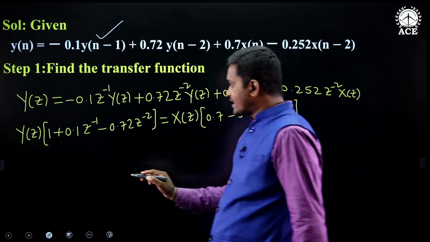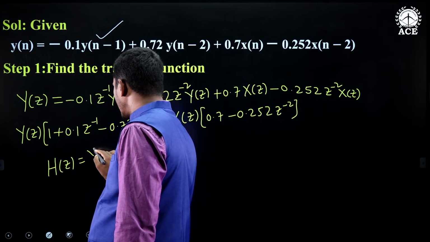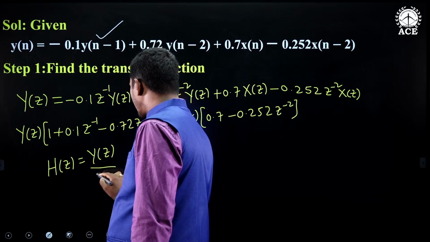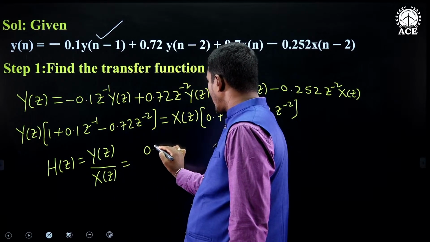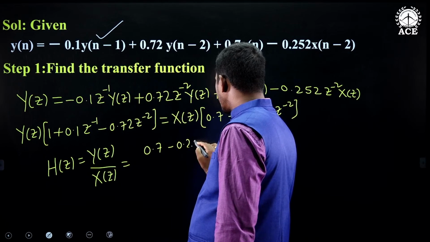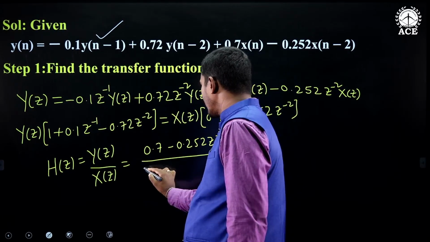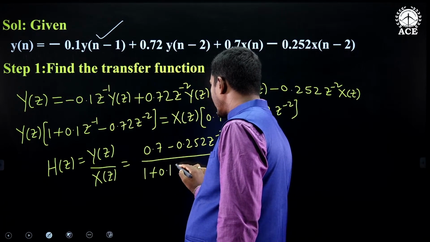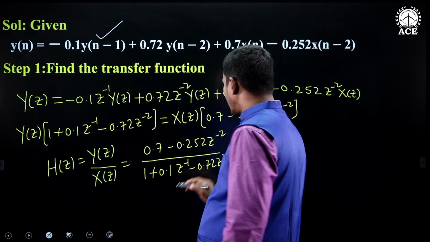What is the transfer function? H of z equals y of z divided by x of z equals 0.7 minus 0.252 z power minus 2, whole divided by 1 plus 0.1 z inverse minus 0.72 z power minus 2.